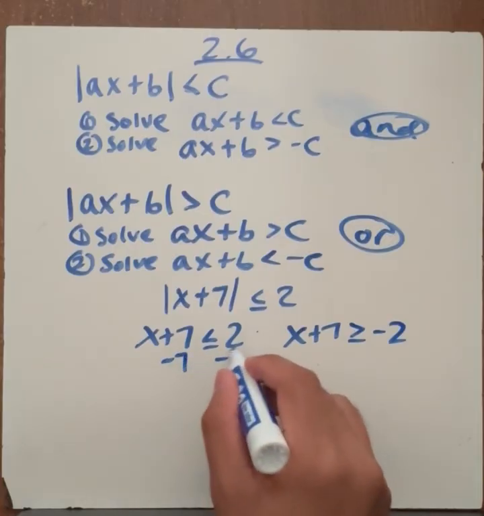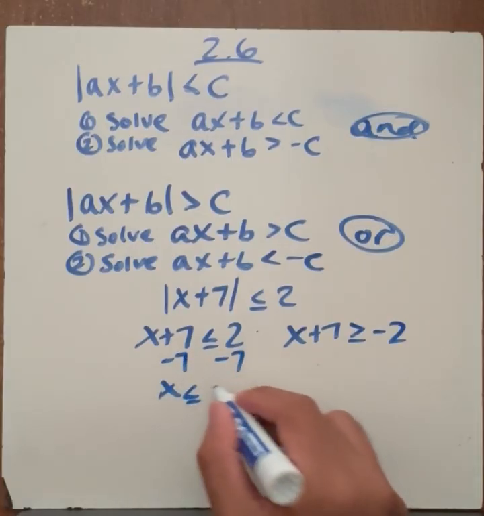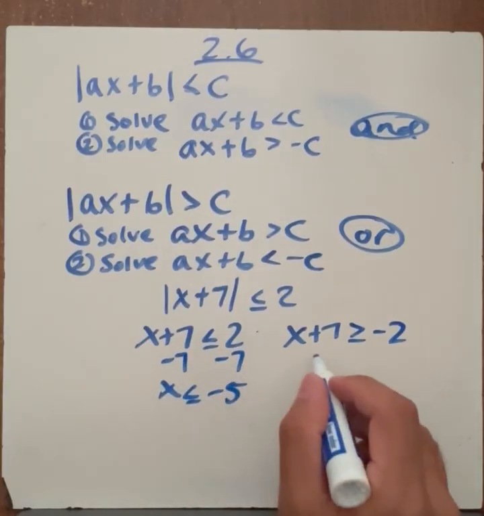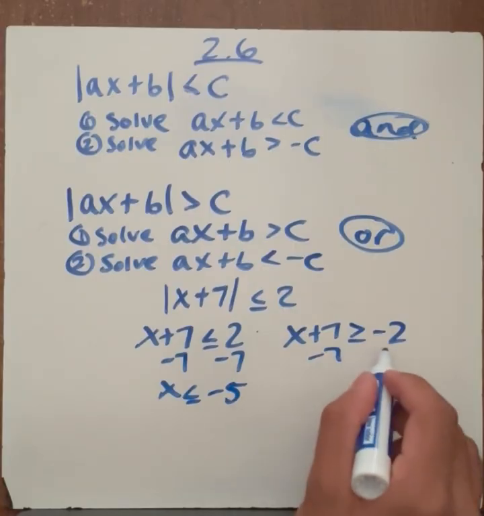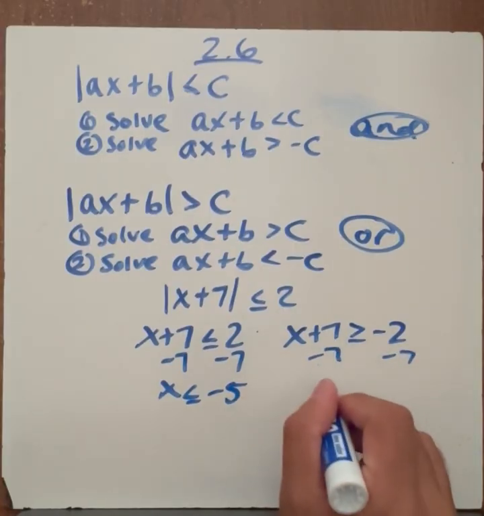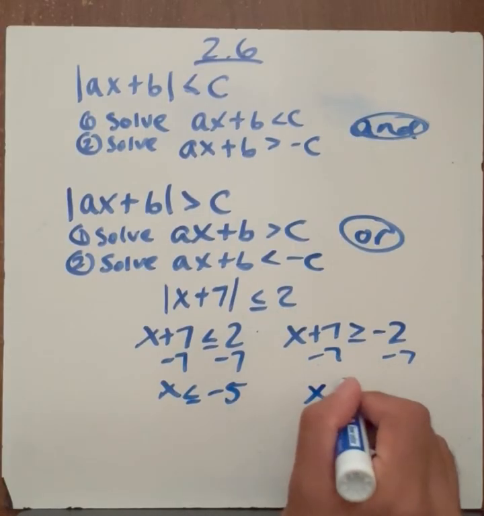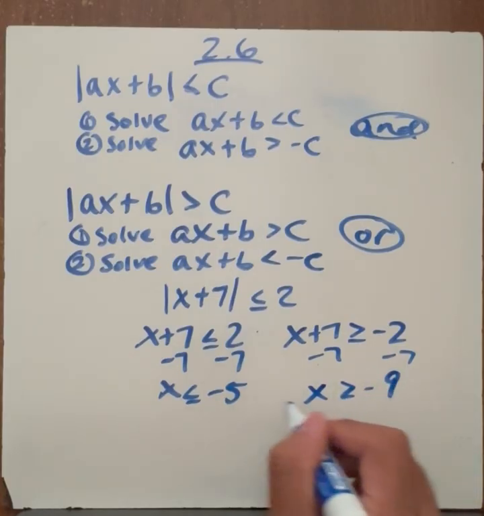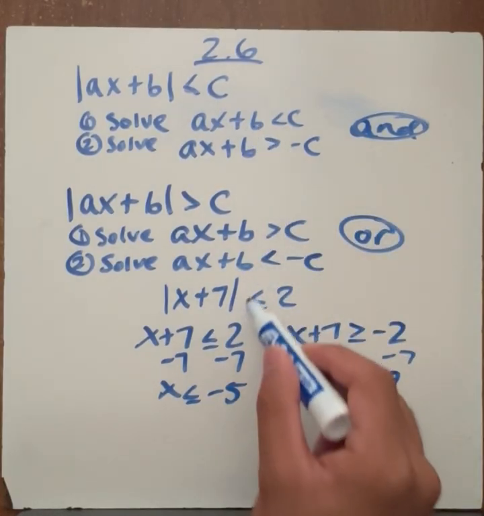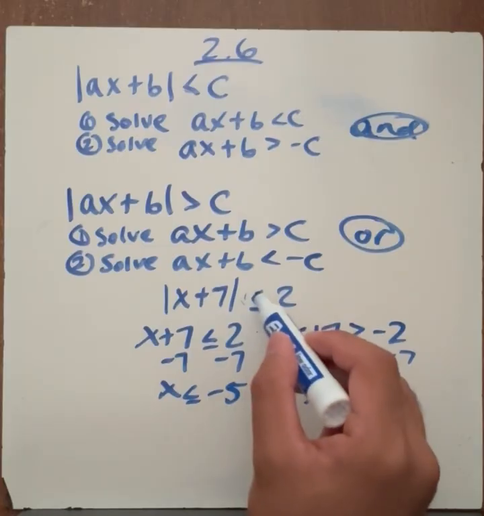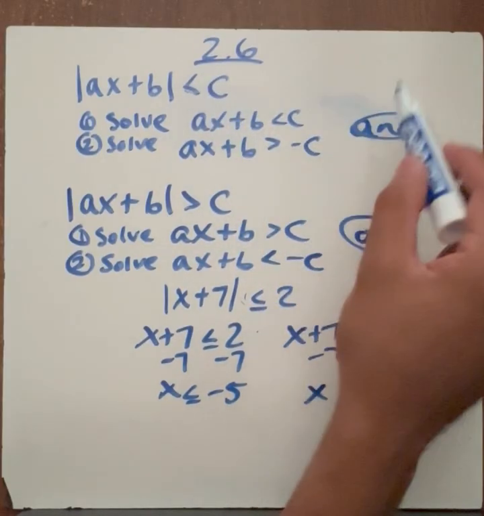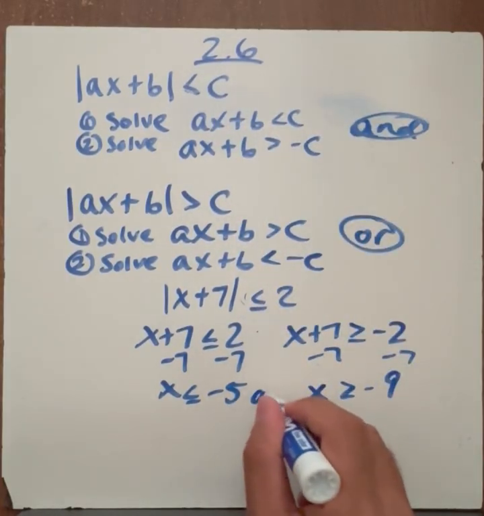So minus 7, x is going to be less than or equal to negative 5. And then minus 7, x is going to be greater than or equal to negative 9. Okay, remember, we used this sign in the question, so we're going to take this one, and we see that we have to use the word and at the end of our answer.